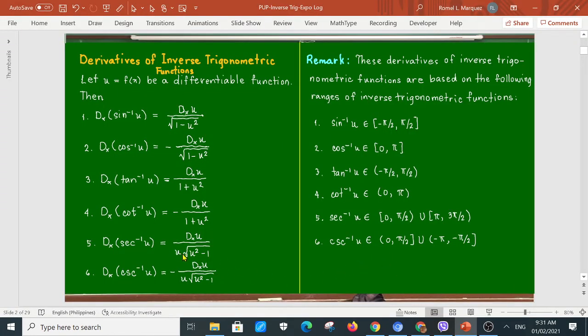So we choose these ranges for inverse secant and inverse cosecant so that we don't need to put absolute value outside. Is that clear, guys? Kaya baka kayo magtaka, may mga book na naka-absolute value depending on the range that you are going to consider for each of inverse secant and inverse cosecant.